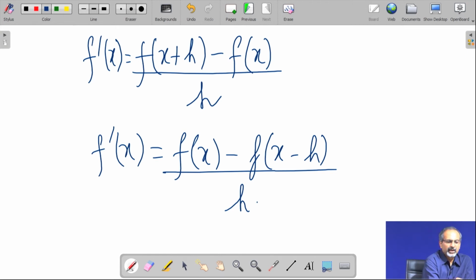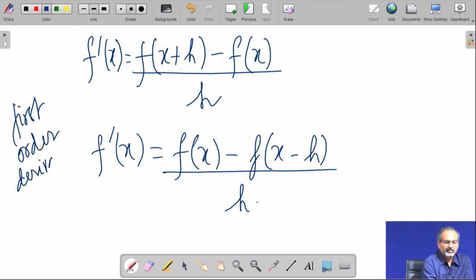Again, here we have obtained approximations of first order derivative. There could be higher order derivative approximations possible. Again, here we mean that this is essentially in an ordinary derivative sense. Very often you could also apply these principles to approximate partial derivatives.